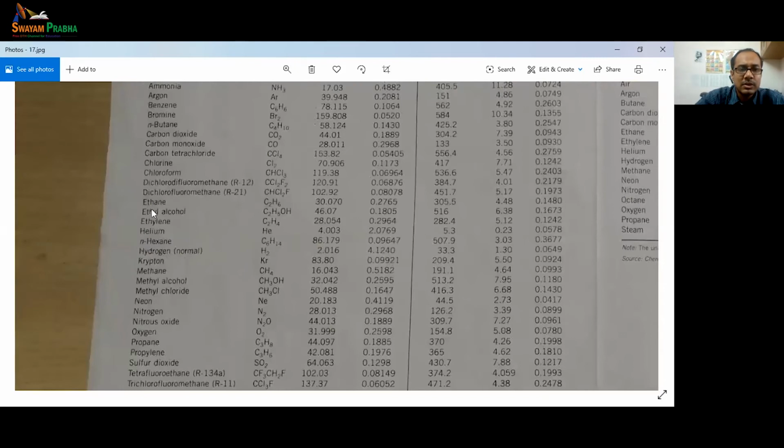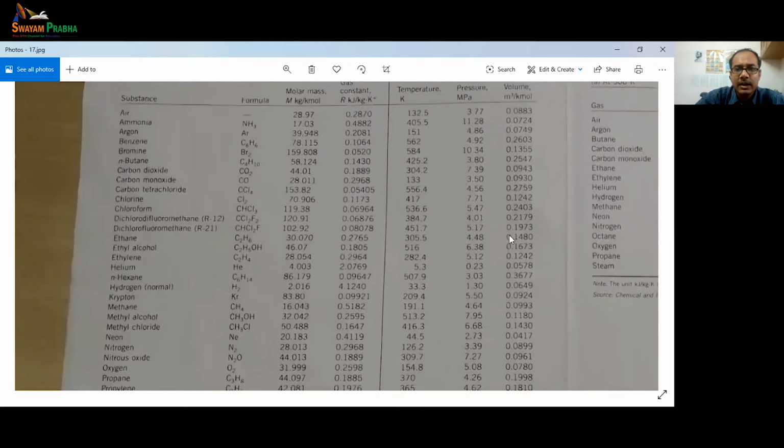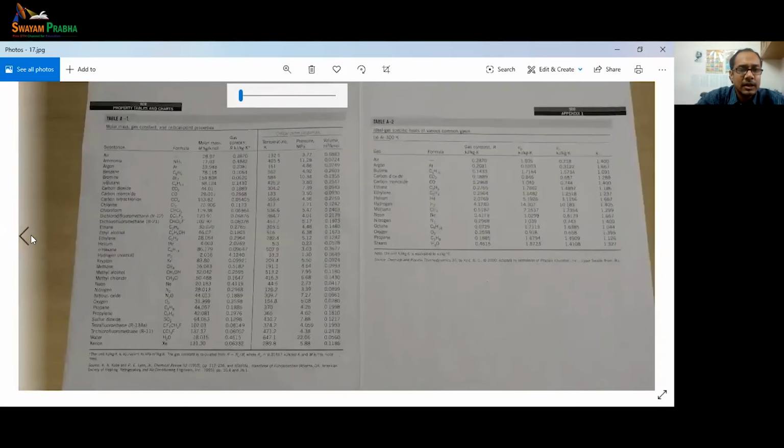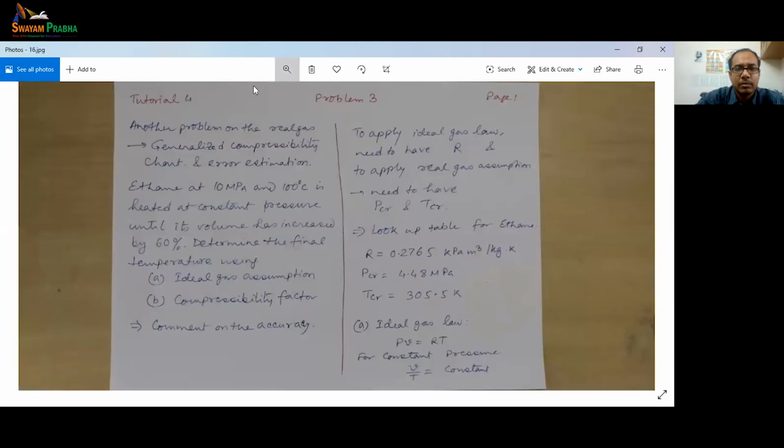Now we will use the values for ethane. For ethane, the gas constant is 0.2765 kilojoule per kg, the critical point temperature is 305.5 Kelvin, and the critical point pressure is 4.48 MPa. Those are the values corresponding to ethane, and we are going back to the problem.